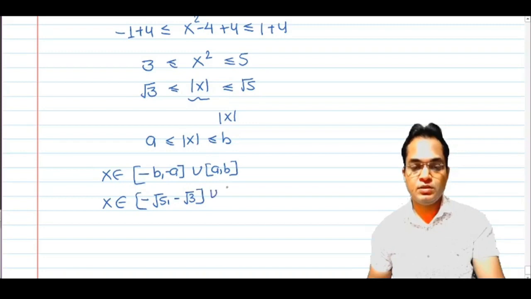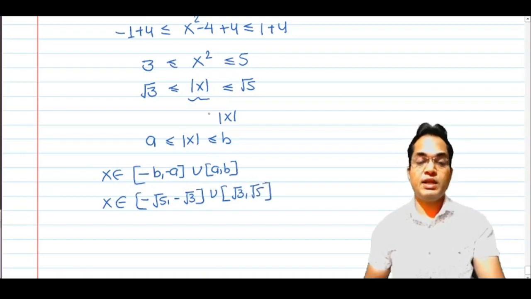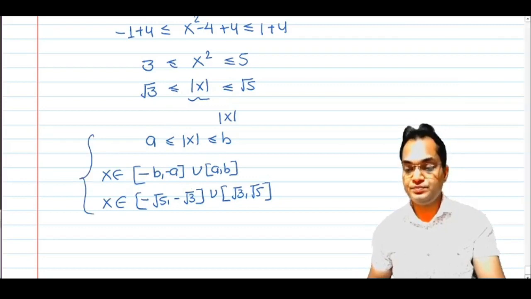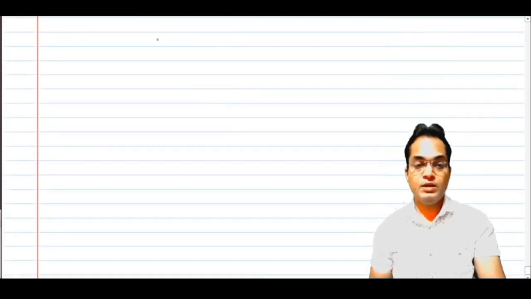Union √3 to √5. Now the question arises, how does it come? Okay, then let's see. Your inequality will be this, less than equals to √5 and greater than equals to √3.